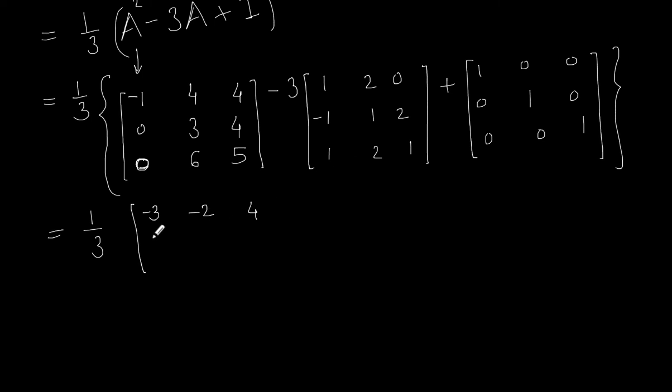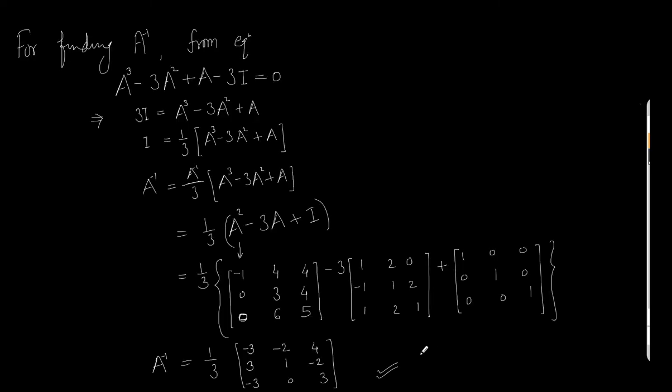Similarly 3, 1, and 4 minus 6, which is minus 2, minus 3, 0 and 3. So this is our A inverse, which we obtained from the equation using the Cayley-Hamilton theorem.